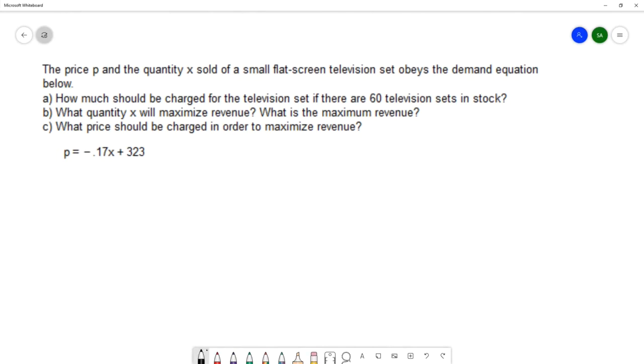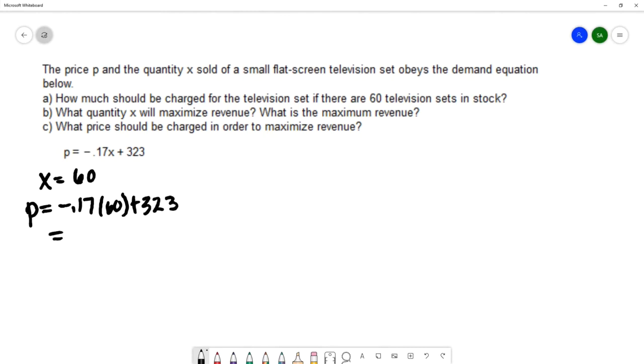So if there are 60 television sets in stock, we're going to set a price of negative 0.17 times 60 plus 323. Let me use my calculator.